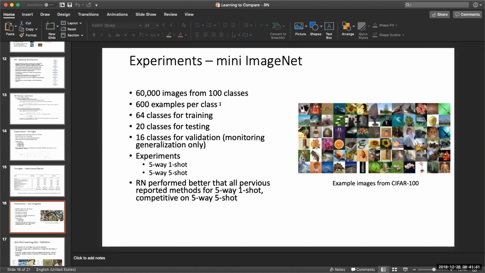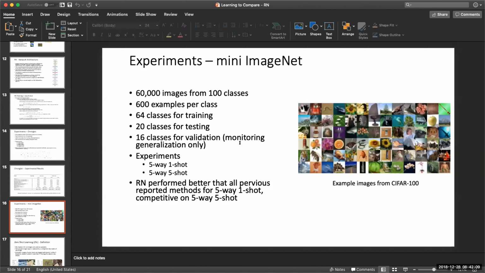For purposes of the experiment, we divided into 64 classes for training and 20 classes for testing. So again, this is disjoint. There's also 16 classes that are used for validation. So the total of 64, 20, and 16 add up to the 100.